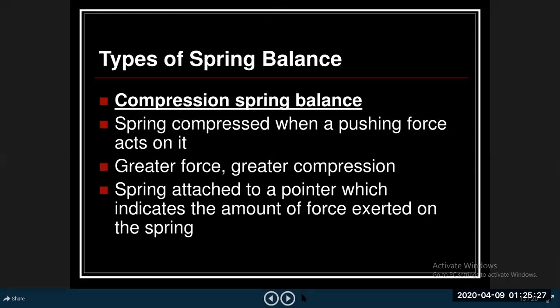Now, you know that a scale balance will not work in space. If you go to space, a scale balance will not work, because in space there is no gravitational force present. But on the earth, a scale balance works. That's why a scale balance also measures weight. So the scale balance and spring balance are all measuring devices that measure force.